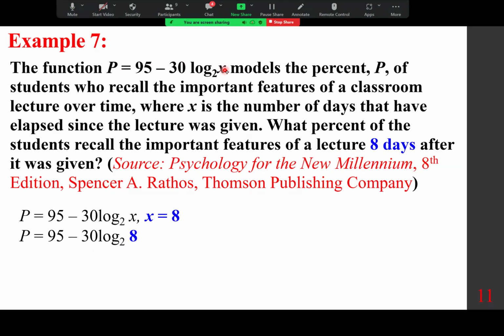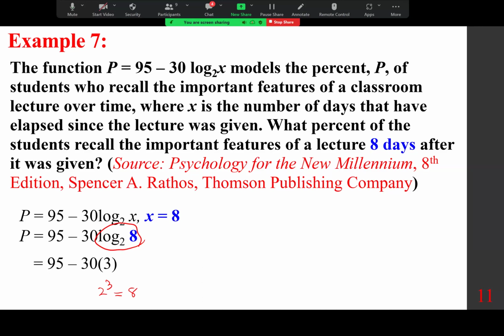Now, log base 2 of 8, I think most everybody by now knows it's 3 because we know 2 cubed is 8.